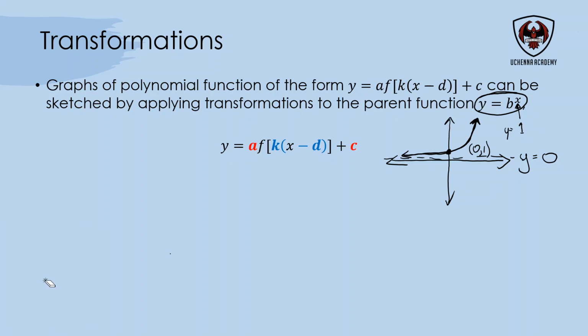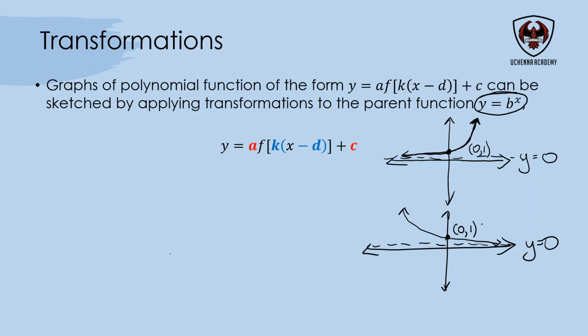Another type of exponential function, the parent one or the base one, is if the base is a small number, something between 0 and 1. If the base is between 0 and 1, the function is going to look something like this. Same idea, except it's decreasing now. It still has a horizontal asymptote at y equals 0, and it still has a y-intercept at (0, 1).